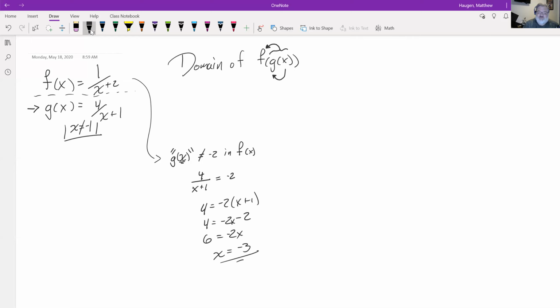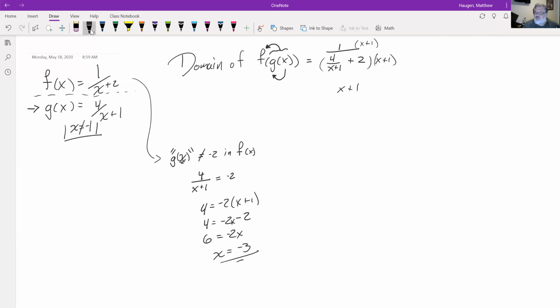Now we also could have done that by finding that composition. That composition would have been 1 over 4 over x plus 1, plus 2. And then we could have simplified this composition by multiplying by x plus 1, top and bottom.